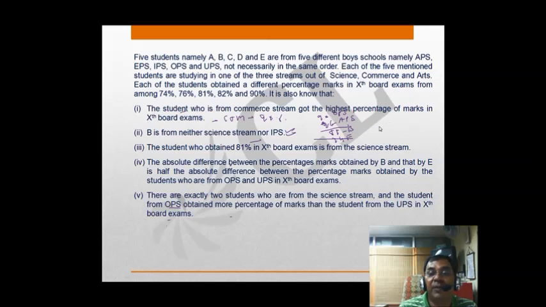If you see, if I make 82, 81, 82B, E, and then there can be a gap of 1, so I can make a gap of 2. 76, 74, OPS, and UPS.